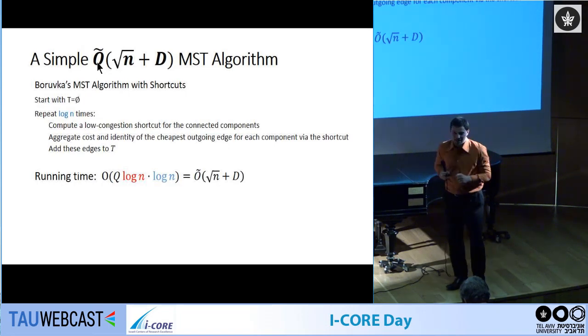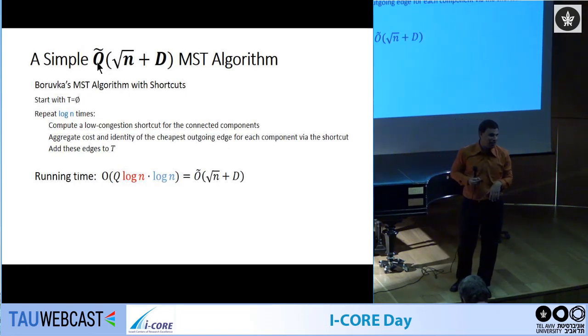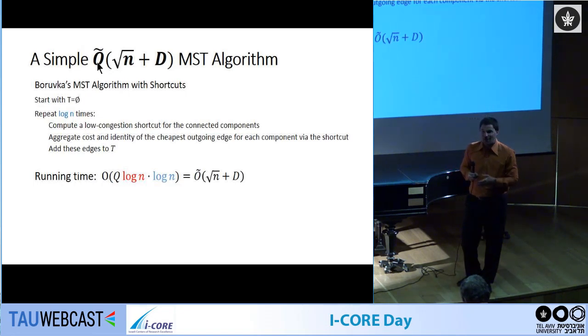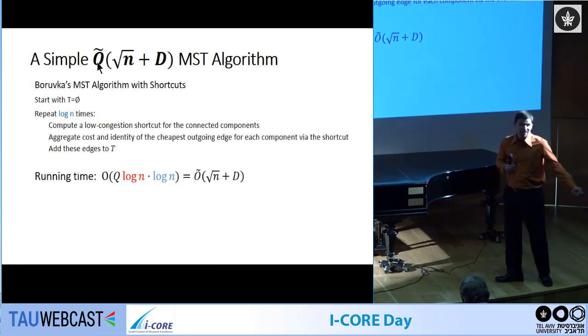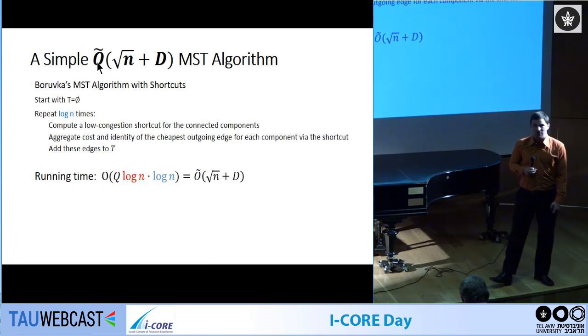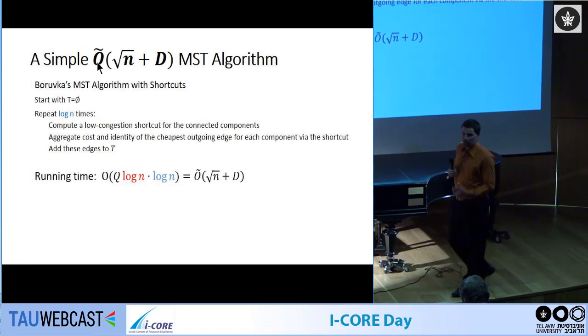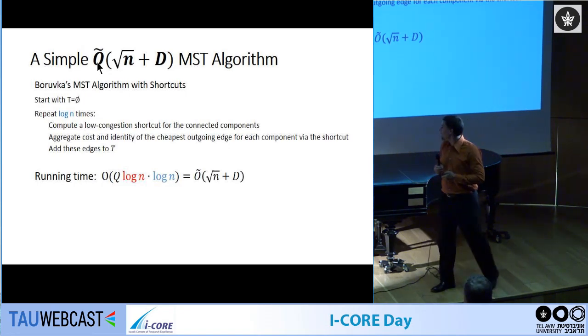If you do the random delays, then we have another log n. For these really trivial shortcuts, we don't need random delays. But this gives a really nice and simple explanation, at least intuitively and conceptually, much simpler, for a square root of N plus D algorithm, and also it's a nice algorithm.